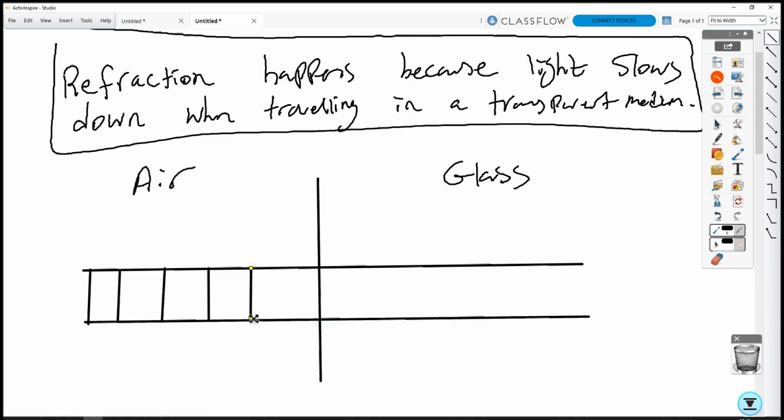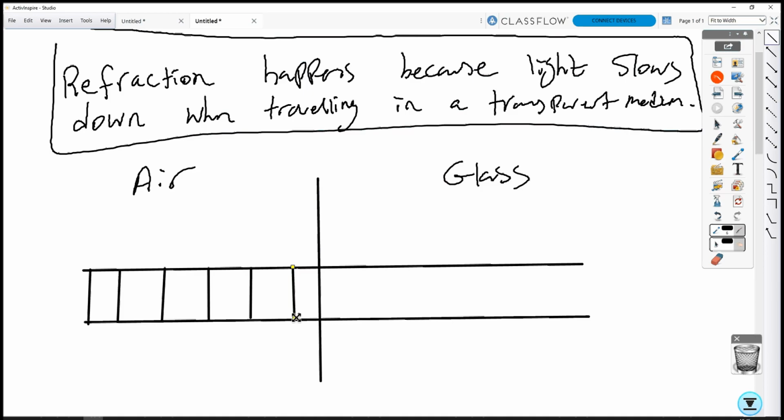And I'll try to draw them as equidistant as I possibly can. So, when traveling from air to glass, these wave fronts represent, for example, a crest in a wave. So each of these lines represent a crest.